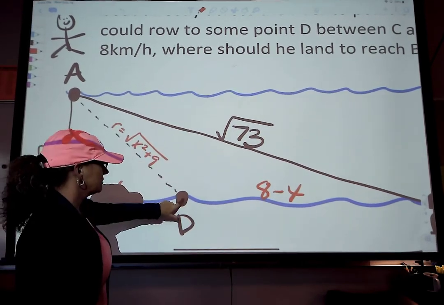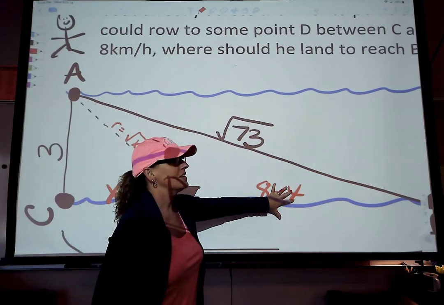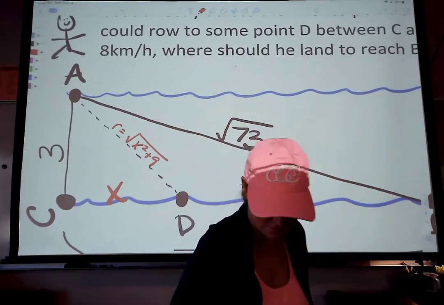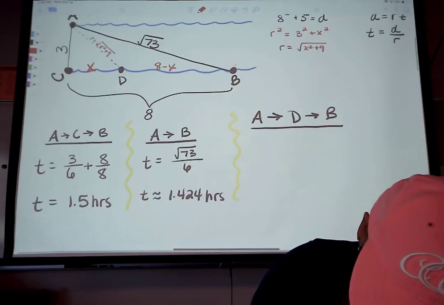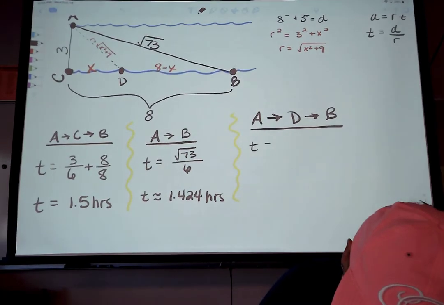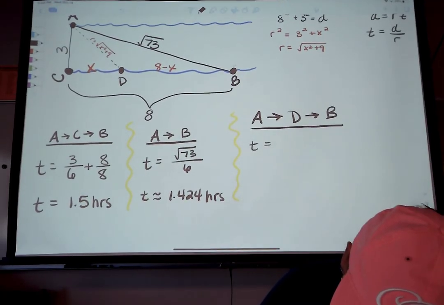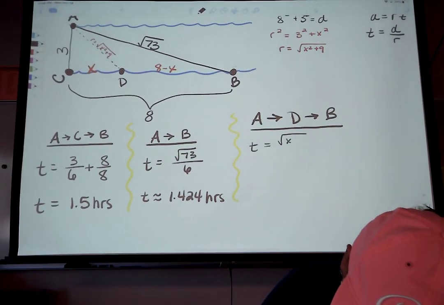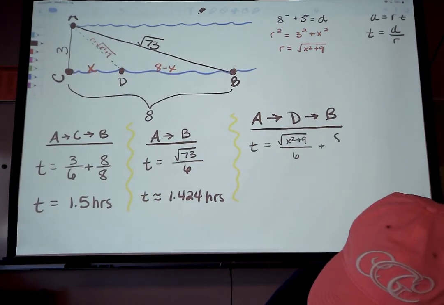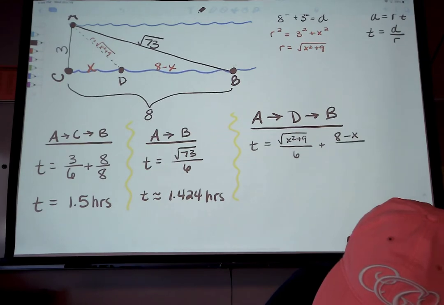He's going to get out. He's going to run this distance at a rate of 8. Let's write that. His time equals the rowing at a rate of 6 plus the running at a rate of 8.